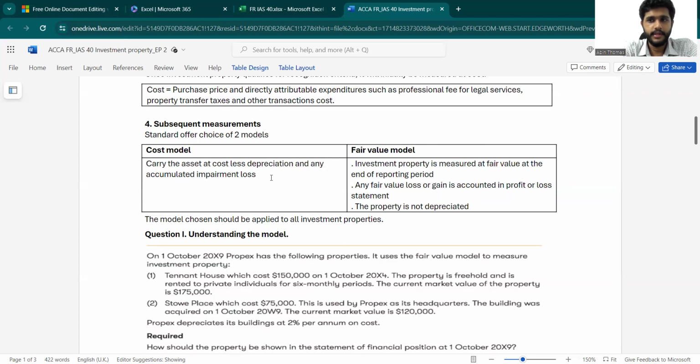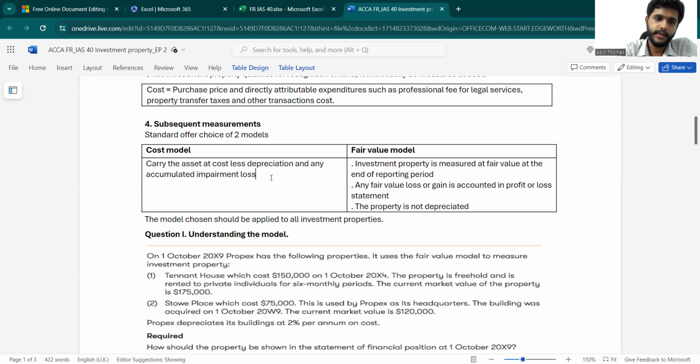We have seen the straight line depreciation method. We will value the property at its initial cost, and if it has a useful life of 10 years, then over these 10 years we will depreciate the value of the asset until it becomes zero or the scrap value.